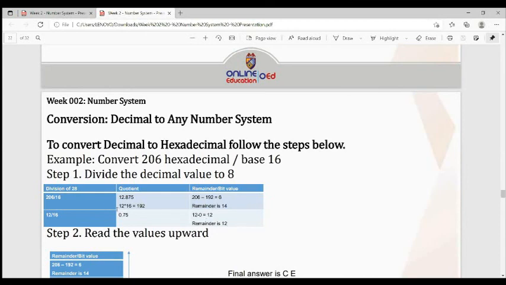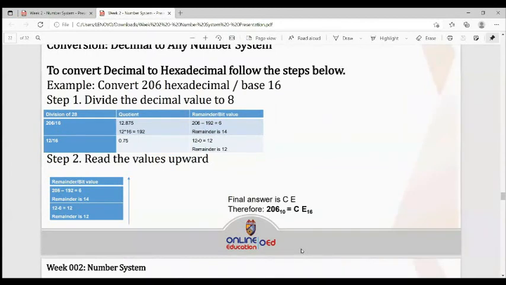Then 12 divided by 16 is 0.75. Then kunin mo yung 12 minus 0, so that is equal to 12. So the remainder is 12. So the result is C and E.